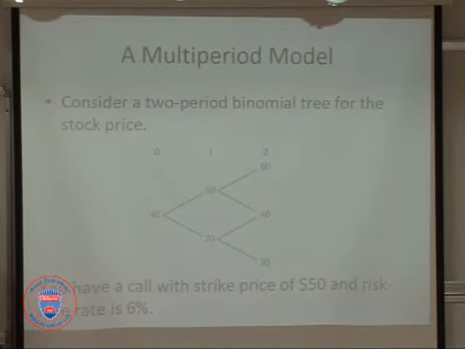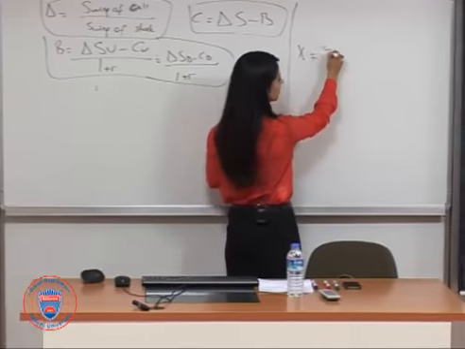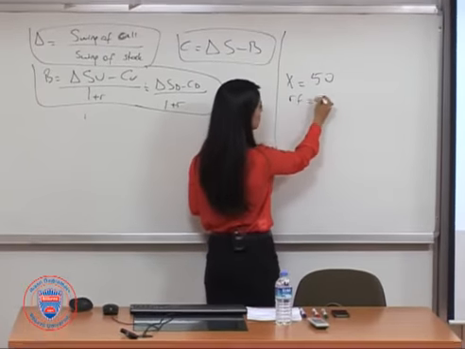Suppose that we have two periods now instead of one. You have a call with strike price of 50 and a risk-free rate of 6%. So let's write this down.